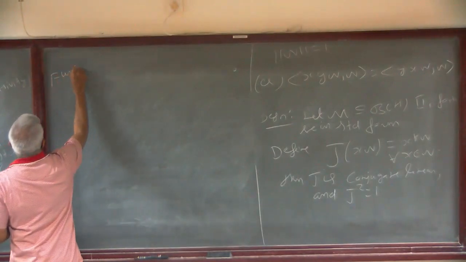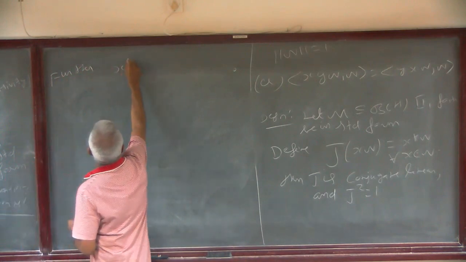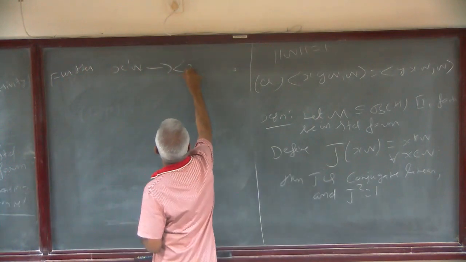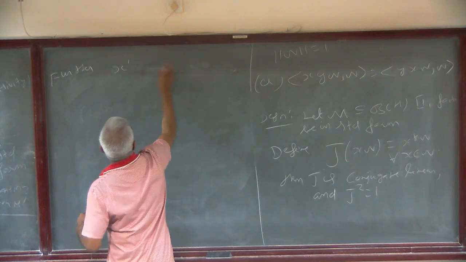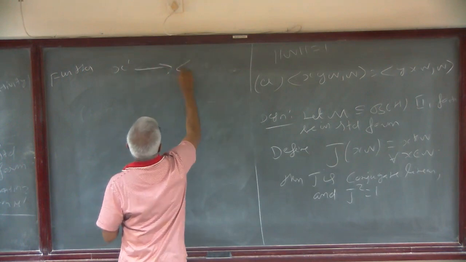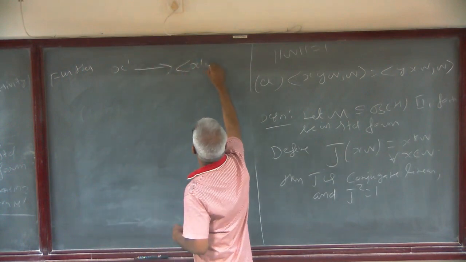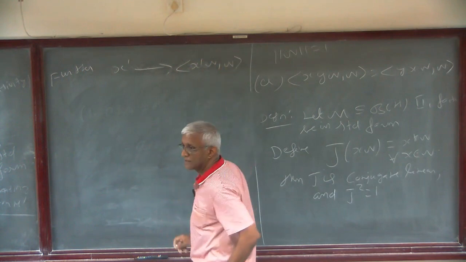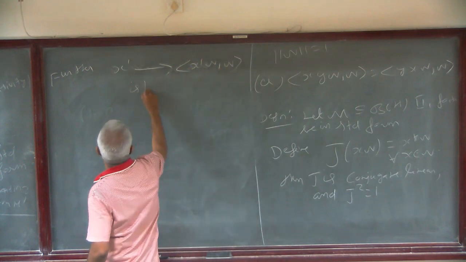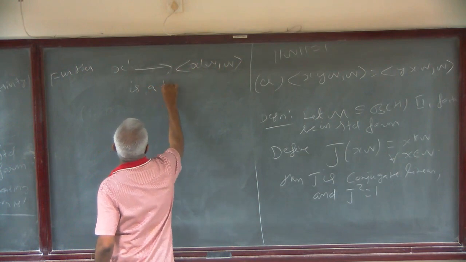Further, this map x prime going to x prime omega is a tracial state.